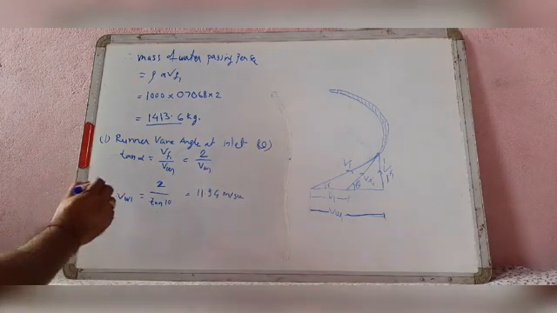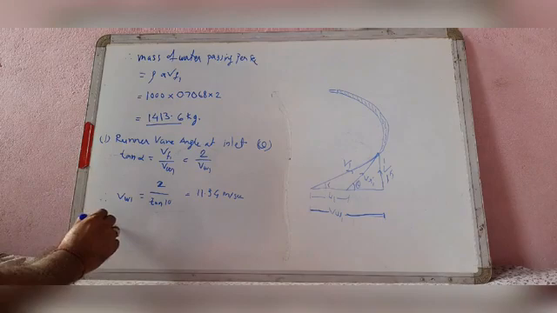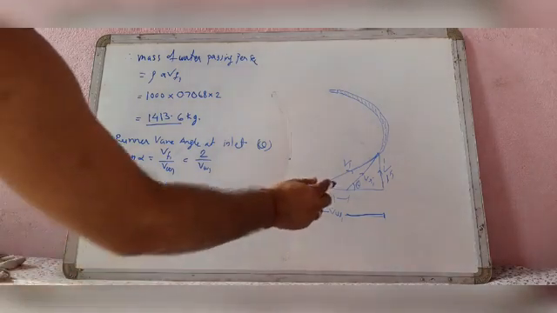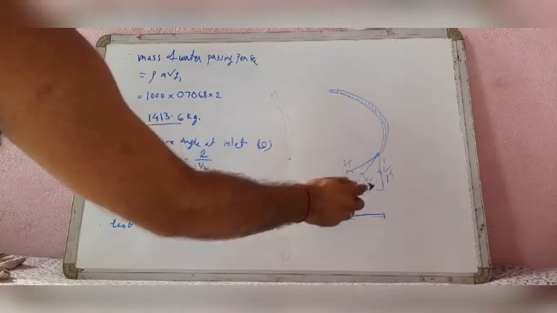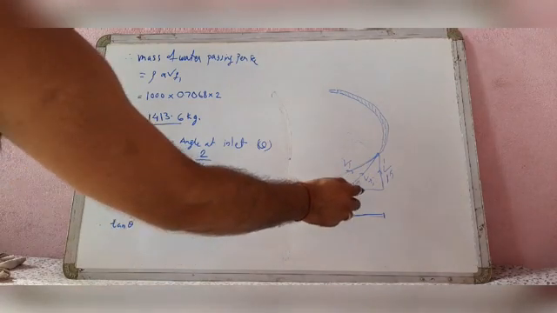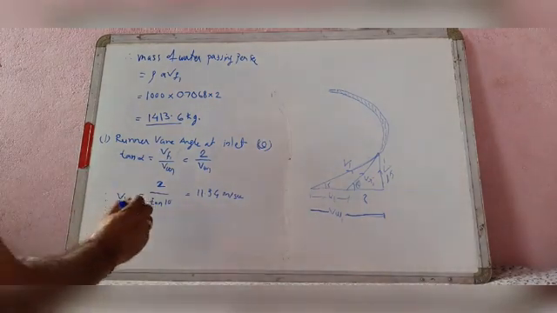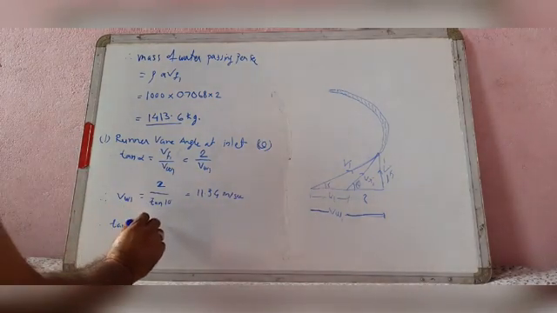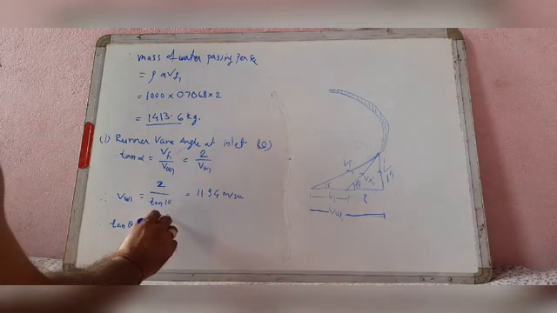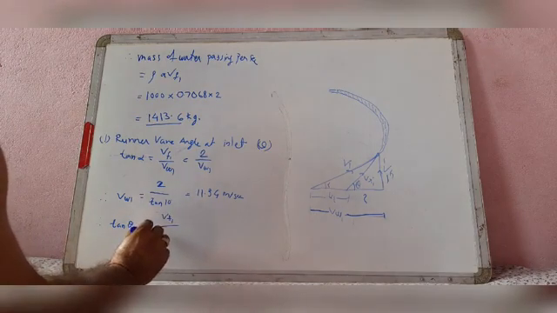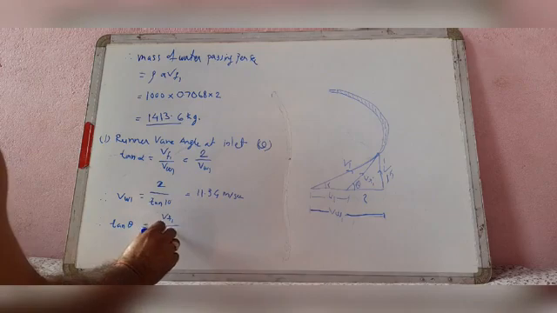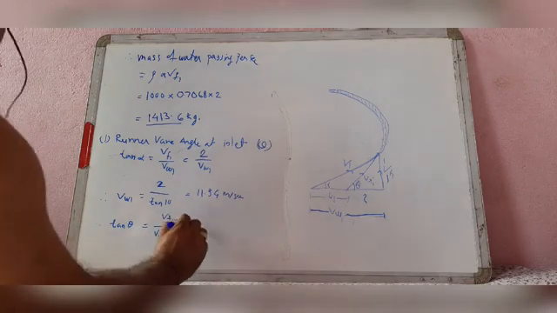And tan theta here, tan theta equal to Vf1 by Vw1 minus u1.